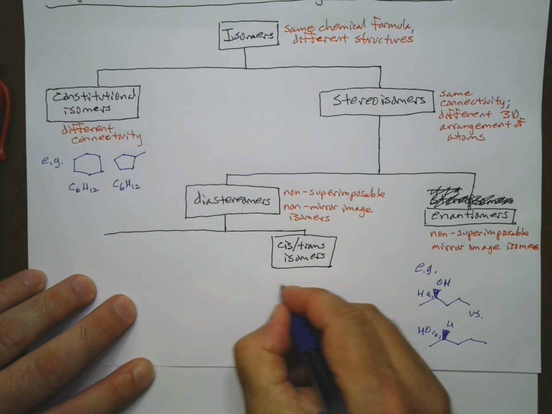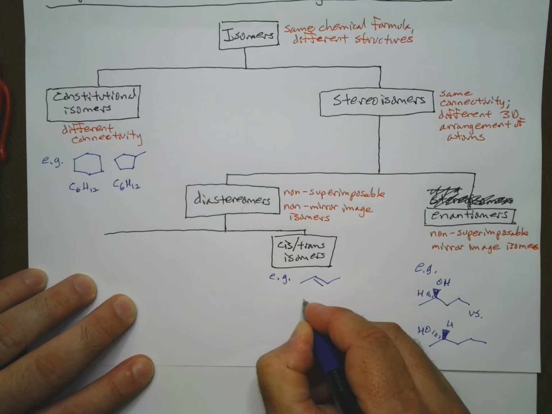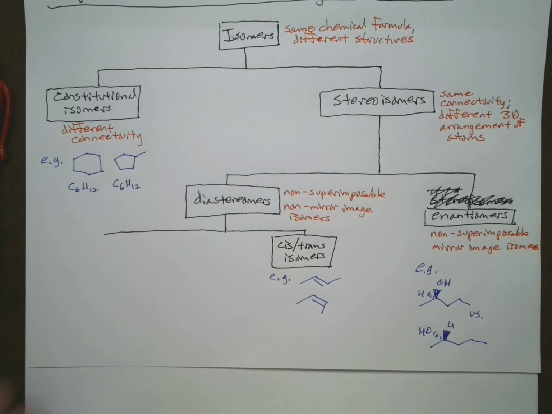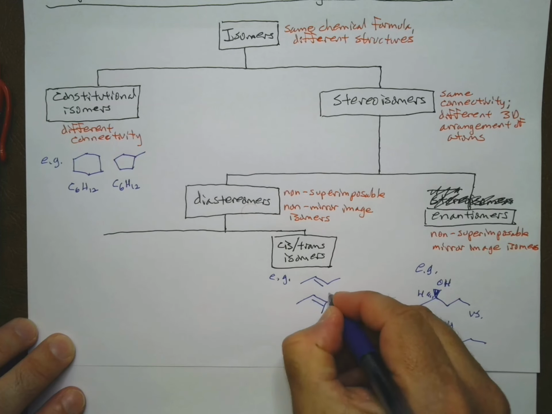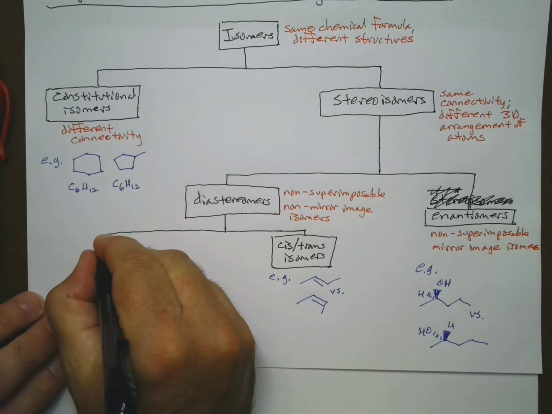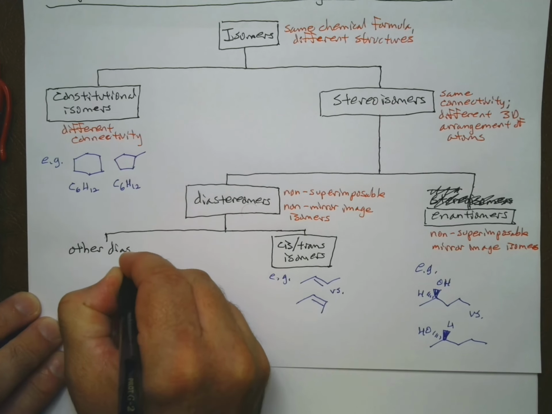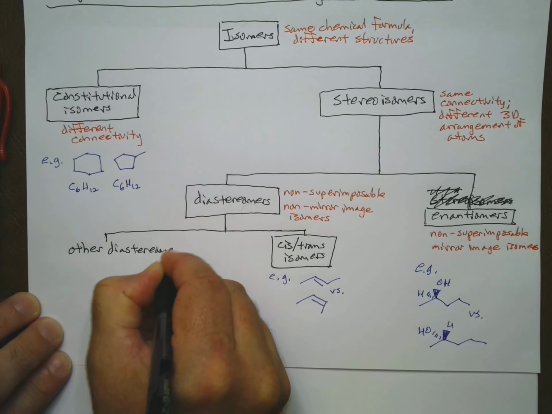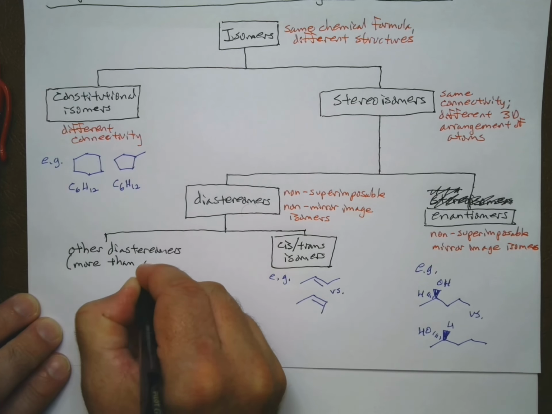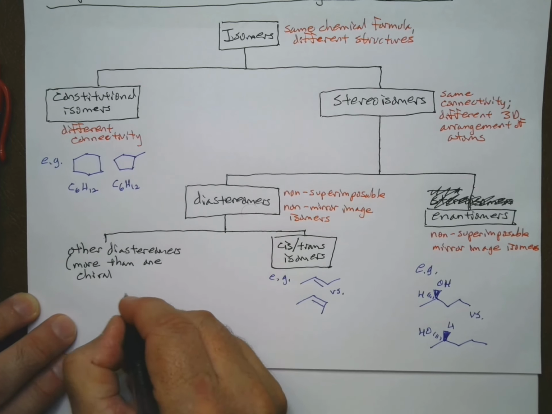So these would be things like trans-2-butene versus cis-2-butene. And then we'll have other diastereomers, with more than one chiral carbon.